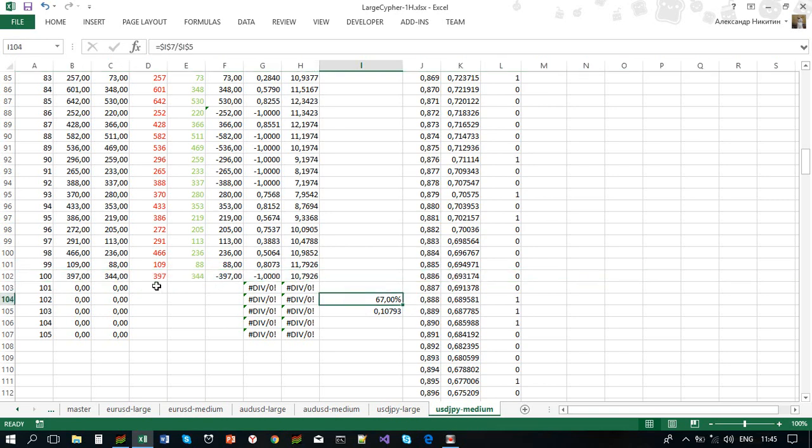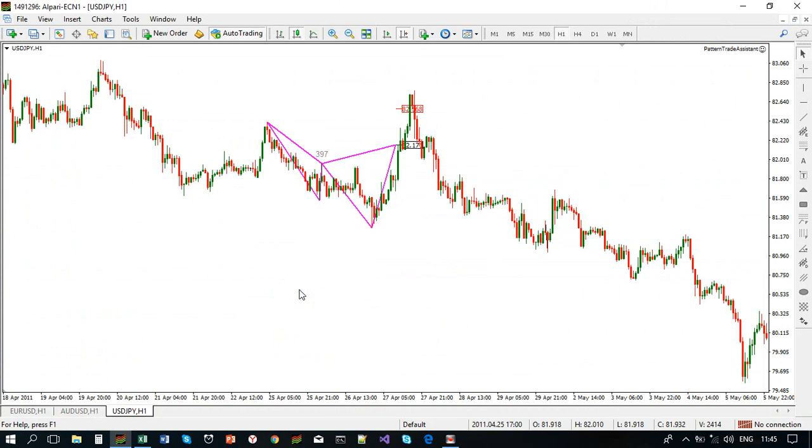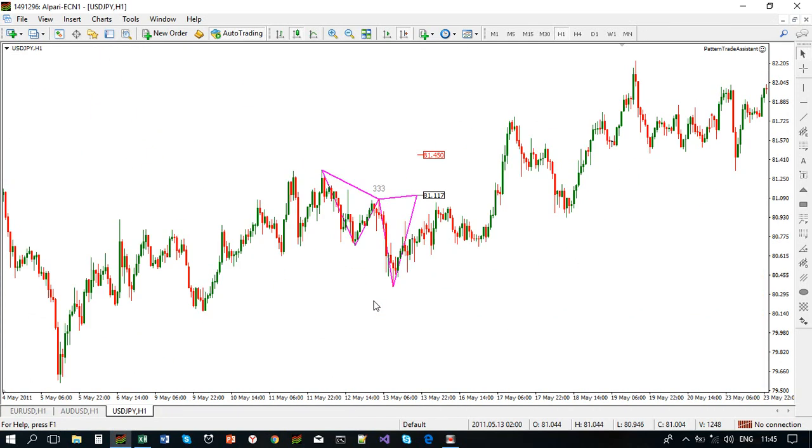We know that 67 are winners, 33 are losses, but those 33 losses may come in a single streak, and after that you have 67 winners. Maybe you will never face that, but it is absolutely possible that you have all your losses in a row and then all your winners in a row.